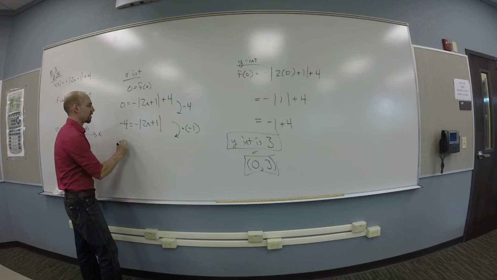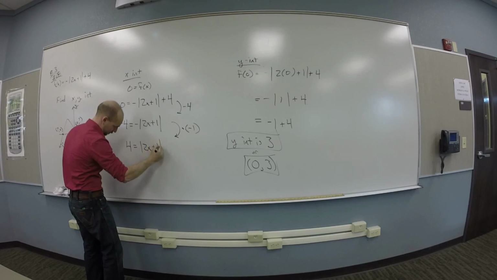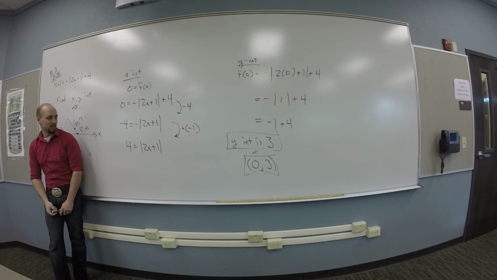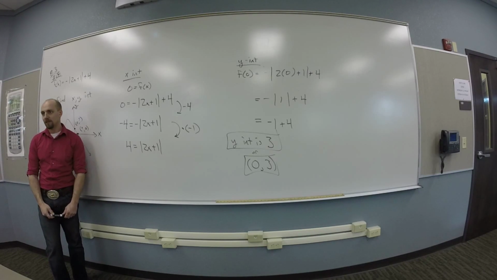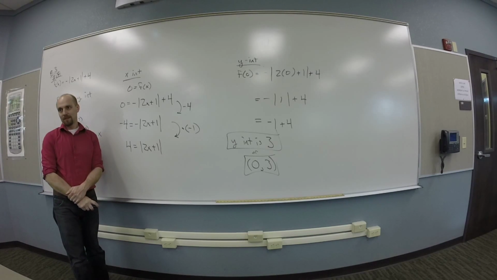Mm-hmm. So you got 4 is the absolute value of 2x plus 1. What does that mean? Well, everything's positive, so you just take the absolute value lines away. But you don't know if it's going to be positive or negative, since it's distance away.